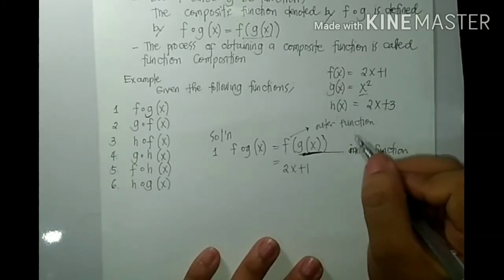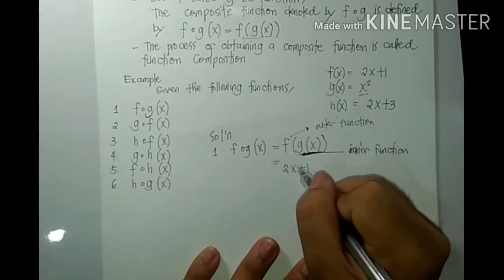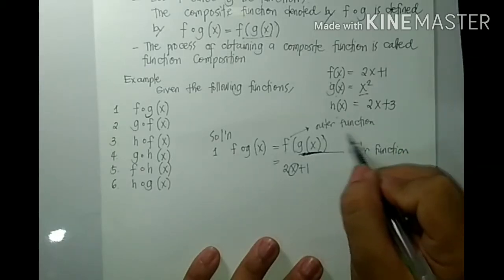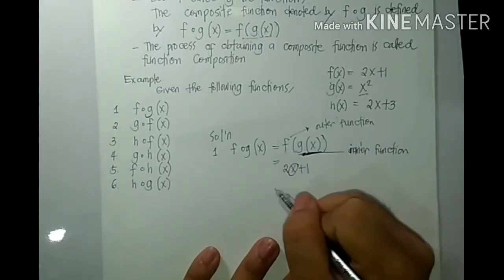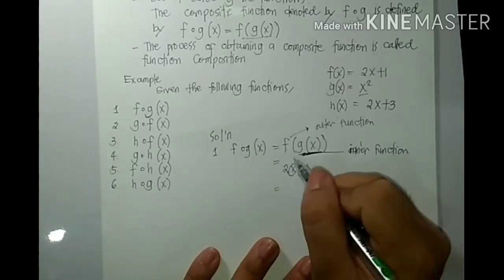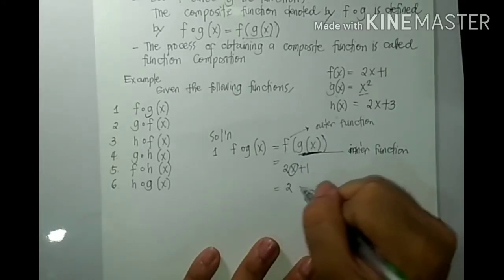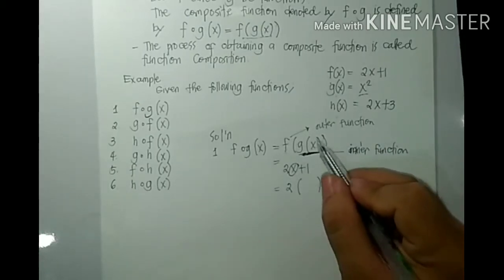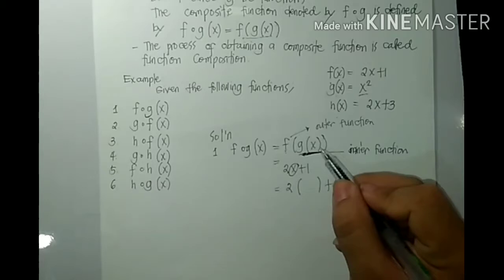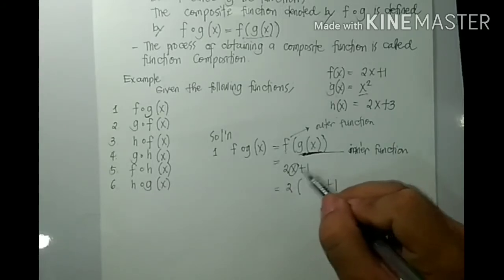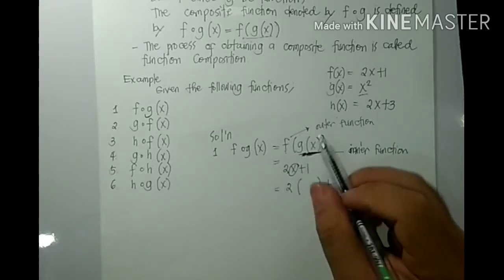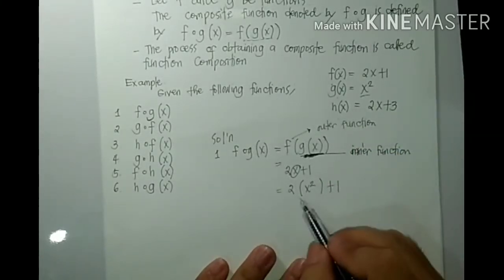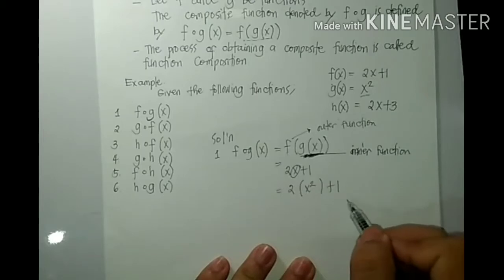So we just substitute the variable x of the outer function, which is 2x plus 1, replacing the x of the outer function. So we have 2 plus 1, and the value that we substitute for x is the value of our inner function, which is x squared. So we have 2 quantity x squared plus 1.